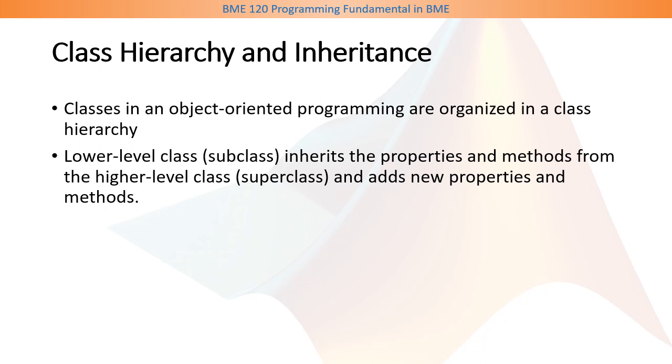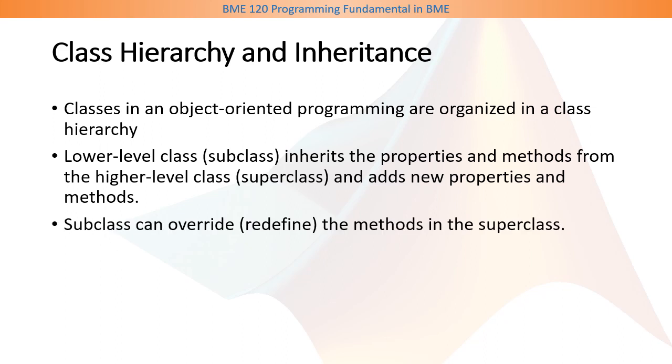In other words, the subclass only needs the new code for the new methods added to the class. Sometimes subclass can override the methods already defined in the superclass. In this case, it will use the same method name as in the superclass, but provide the new code to process the data.